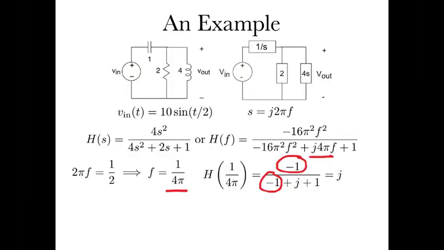So we get -1 over j, and the reciprocal of j is -j. So we get j for an answer. So our transfer function at the frequency of the source, that's all we need to know, is j, a pure phase shift.